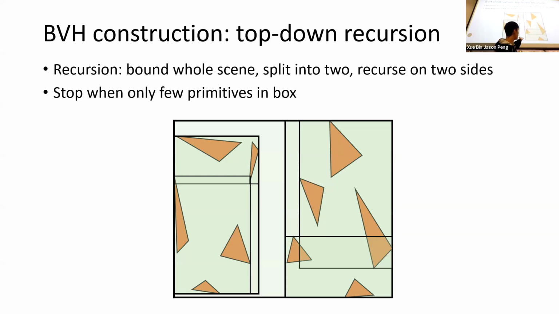So some of the triangles intersect both bounding volumes, but the triangles will still only be assigned to one particular bounding volume, never two. Another characteristic of these bounding volumes is that they have to fully contain all of the objects that belong to the bounding volume. So every vertex for every object in the scene has to be fully contained within the bounding volume that it belongs to.